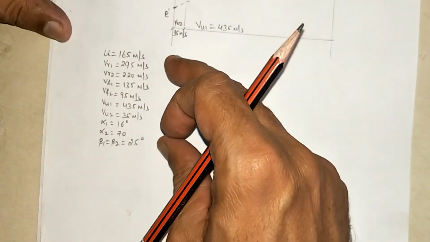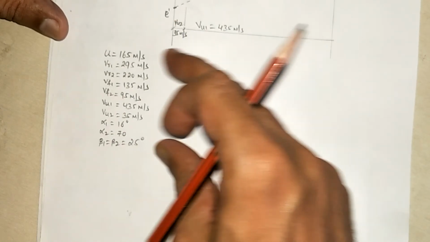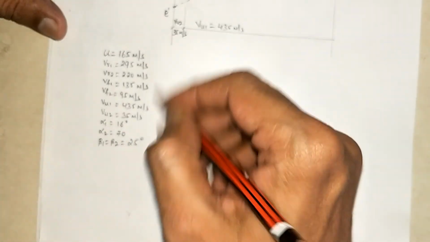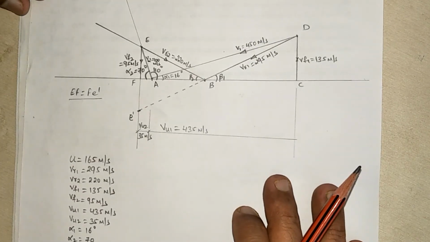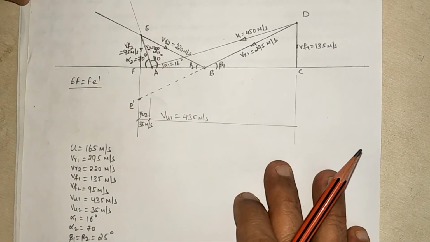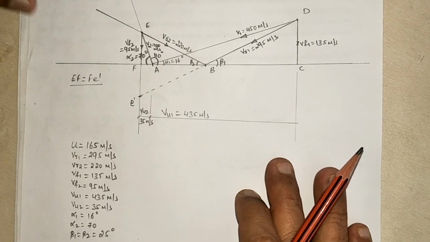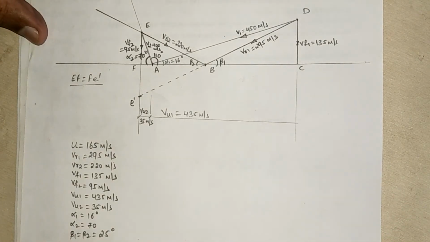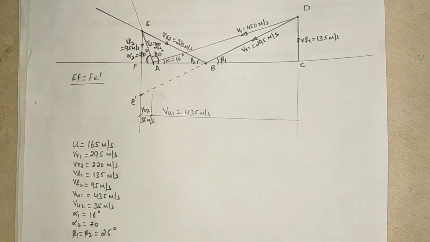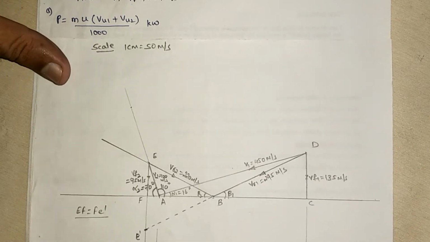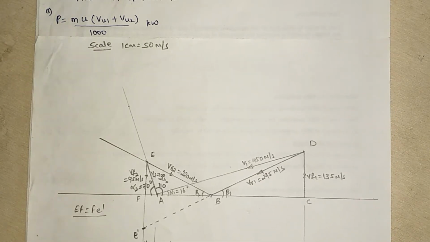All of you please note down these values which we have obtained from this velocity triangle. Now we are going to substitute these values in the formulas. The very first formula is power, which is to be calculated here.